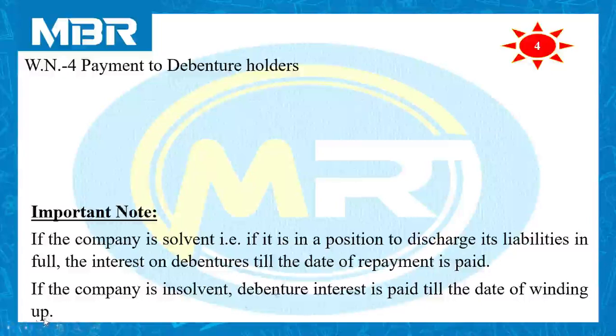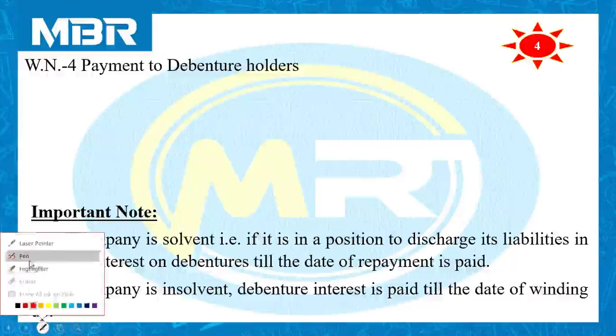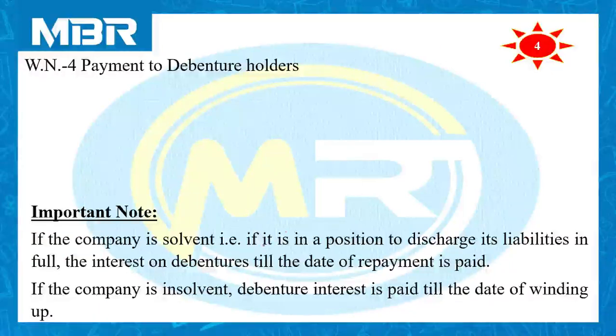If the company is insolvent, debenture interest is paid till the date of winding up. At this point of calculation, I would like to put to your notice this important item, because by default we need to follow this rule.